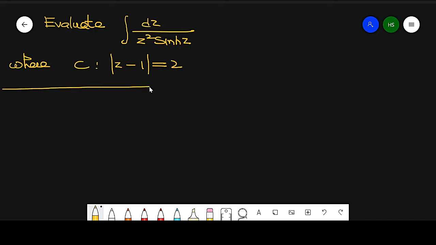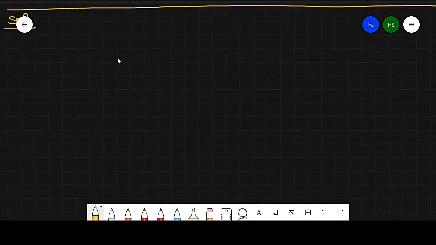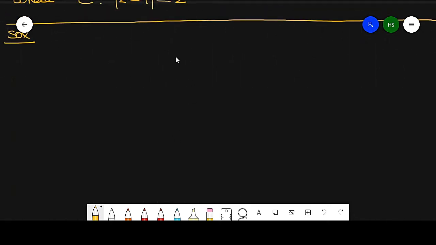So again we will apply the Cauchy residue theorem. First, what is my given condition? A circle with center 1 and radius 2.